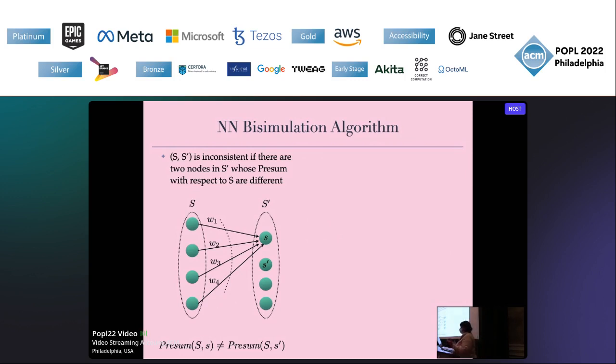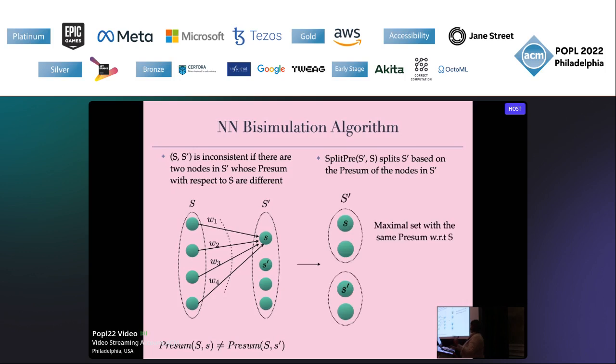If you have two sets, S and S prime, we say that the pair S and S prime is inconsistent if in S prime we have two nodes whose presums with respect to S are different, right? And if we have an inconsistent pair like that, then we use this function split pre to split S prime based on the presum values.